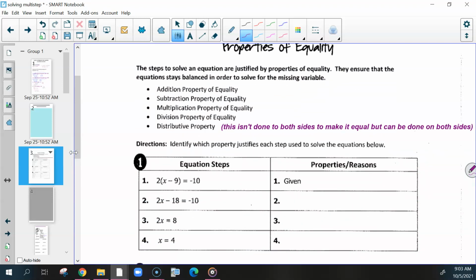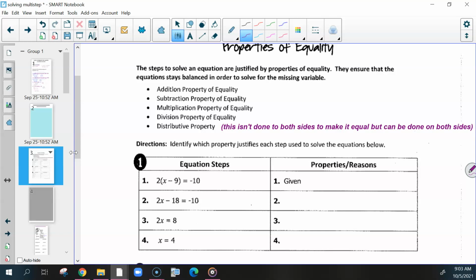Now, when we are solving equations, we're using these properties of equality to do something to both sides. That's the property of equality part. We have to do it to both sides so it stays balanced. So addition property of equality, we're adding to both sides.